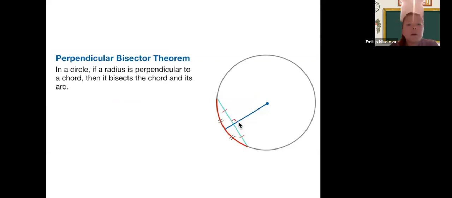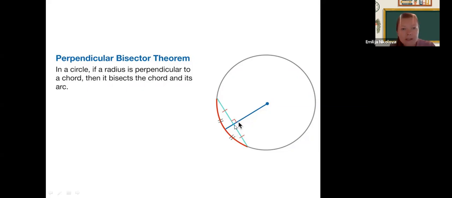This is the perpendicular bisector theorem. If we have a circle and the radius is perpendicular to the chord, if you remember, the chord was a line segment, not a line. This light blue one in this picture bisects the chord and its arc.